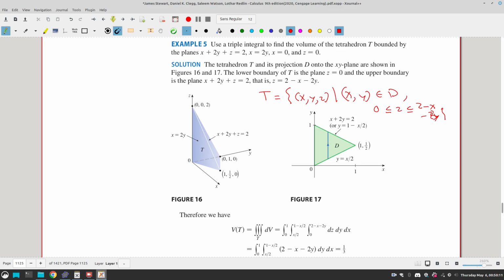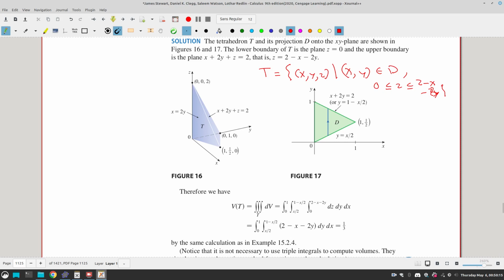Now the projection of this region on the xy plane is a triangle. You can think of this triangle as either a type 1 region or a type 2 region. The region D can be thought of as either type 1 or type 2. Now, of course, the edges of the triangle are y is equal to x by 2 and y is equal to 1 minus x by 2. Okay, this is a type 1 region.